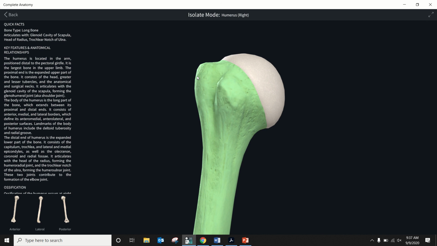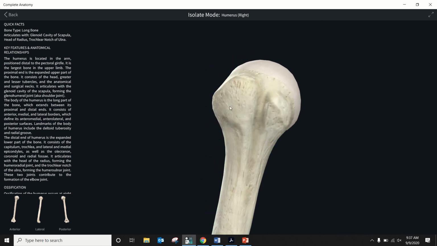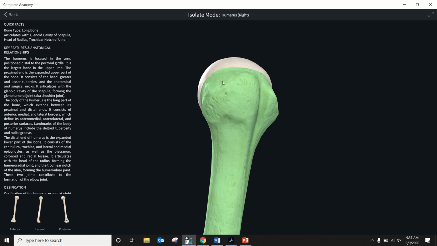That's the greater tubercle. One of the things to know that'll be important when you see a real humerus is that all of this big area here is the greater tubercle, because this actual projection is not very obvious, so you'll see this on the real bone tomorrow. The projection of the greater tubercle is not super obvious, but it includes all of this area. So that's the greater tubercle.